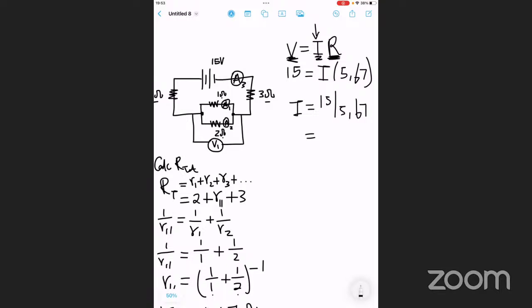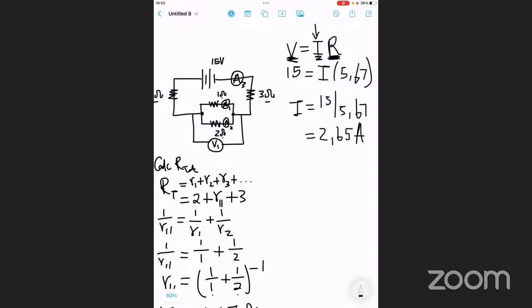You've got 15 divided by 5.67 and it gives you 2.345, and it doesn't end there. You need to say A, amperes. This is how you get the reading on ammeter 3.